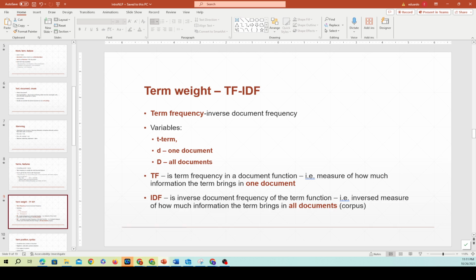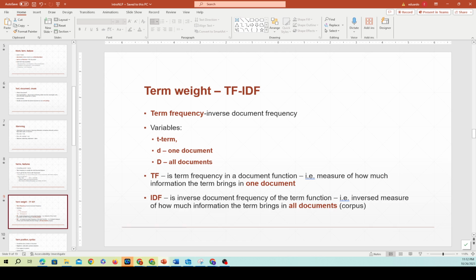Like I mentioned before, the frequency of a term is how much it actually appears in the document. And there is something called the term weight, which refers to the term frequency inverse document frequency. It has a couple of variables: the T, the term, the lowercase d, which represents one document, and the capital D, which represents all documents. So TF is the term frequency in a document function.